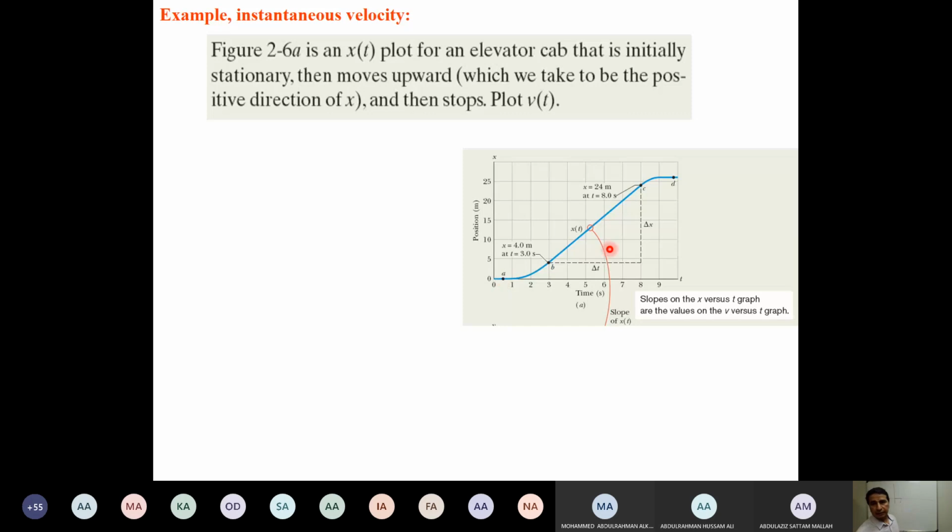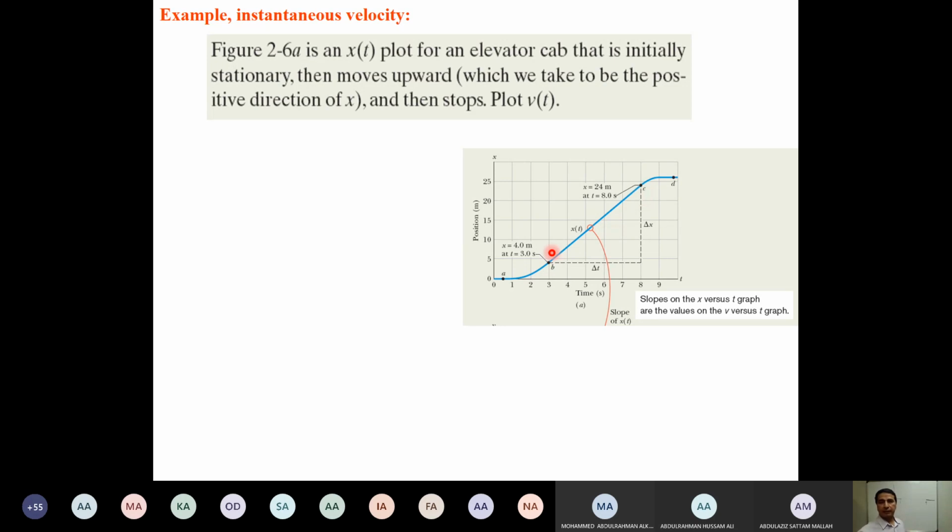And we also see that at 9 seconds, it is definitely 0 again. From here onward, the elevator is stopped. In between, I don't know how to calculate this at this point, because we haven't shown you how to deal with acceleration. But from here to here, I can calculate velocity.